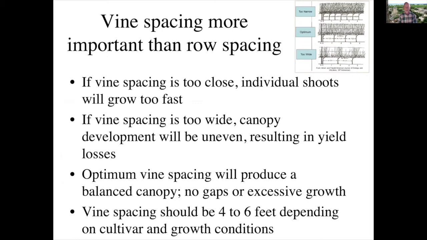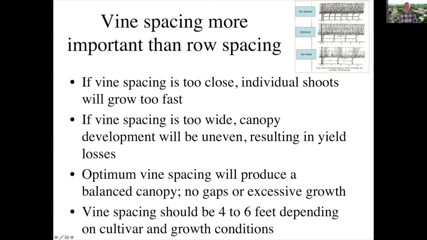If your vine spacing is too close, individual shoots will grow too fast. If the vine spacing is too wide, canopy development will be uneven, resulting in yield losses. You can see images of this up in the upper right-hand corner where vines are too narrowly spaced versus optimum spacing versus too wide.